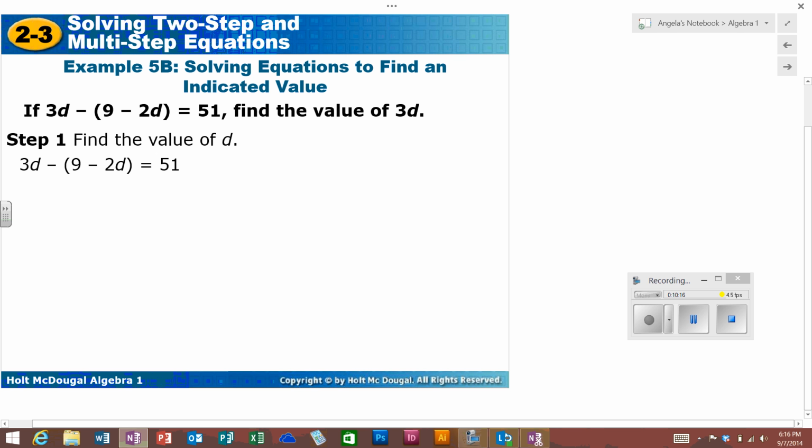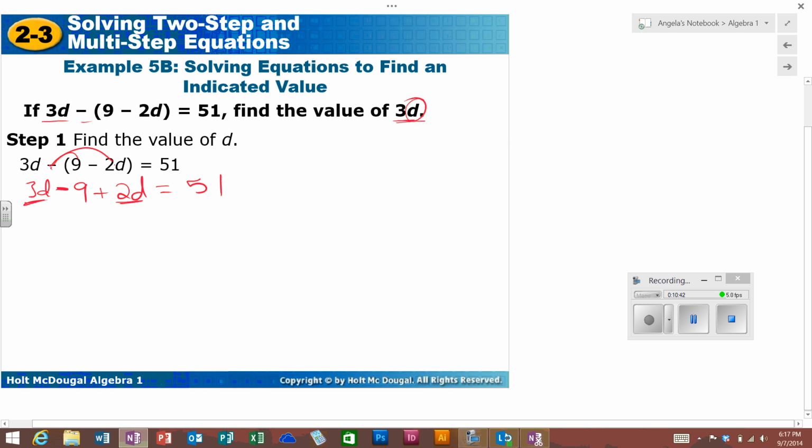Okay, another similar problem. It wants to know what's 3 times d, but we can't do 3 times d until we know d. So our equation is 3d minus the quantity 9 minus 2d equals 51. Well, here's that nice little negative sign that we need to distribute again. So that makes a negative 9 and a positive 2d, because it's a negative times a negative, equals 51.